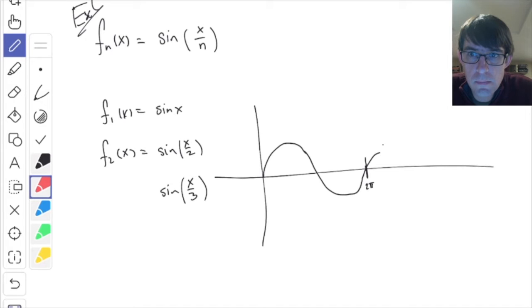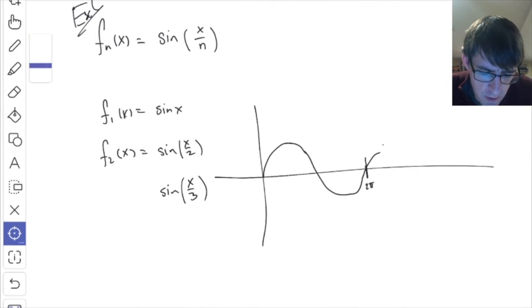And it stretches. Yes, it stretches. Would you say it is a horizontal stretch or a vertical stretch? Horizontal. Yeah, so the way you want to think about this is that when I change from x to x over 2, I am stretching the x values.